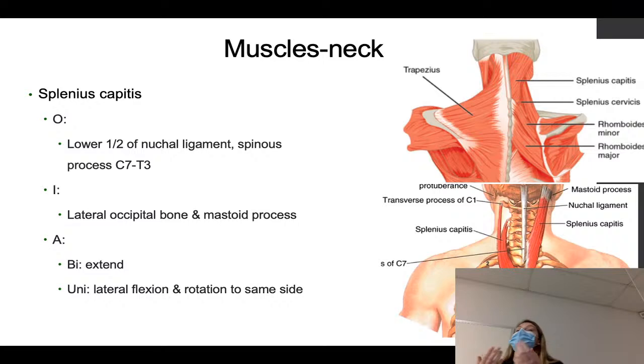Generally, muscles on the anterior side are going to do neck flexion, and muscles on the posterior side are going to do extension. It's also going to do lateral flexion. And this time, it's going to do rotation to the same side. So if I'm doing right rotation, it is my right splenius capitis. If I'm doing left, it's my left. So unlike the sternocleidomastoid.